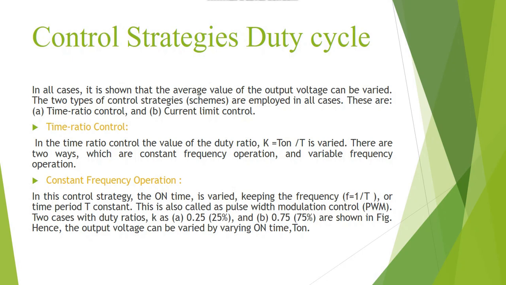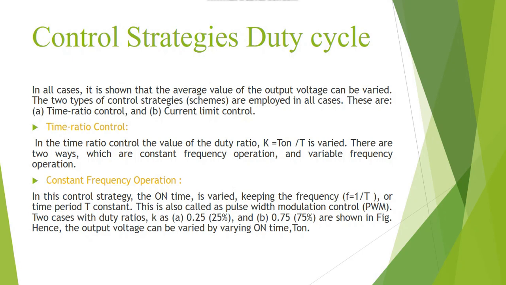If we put this in the buck converter output equation, V0 is equal to Vs into duty cycle. If your input voltage is 100 volt, then your output voltage V0 is equal to 100 into 2 by 3, that means 200 by 3, which is near about 67 volt.